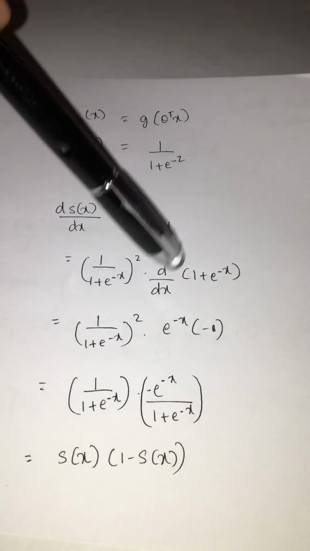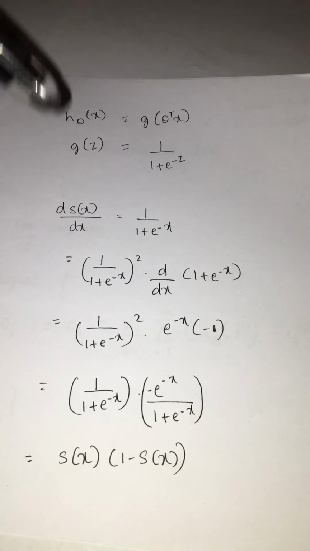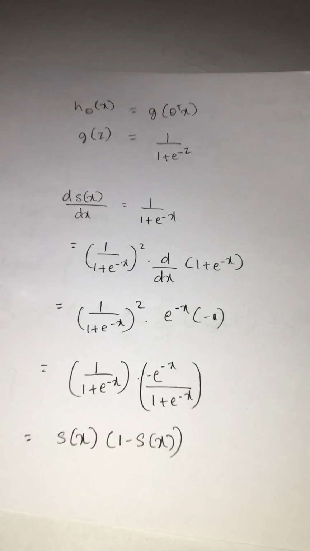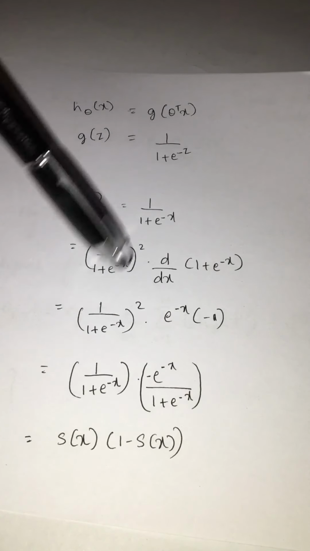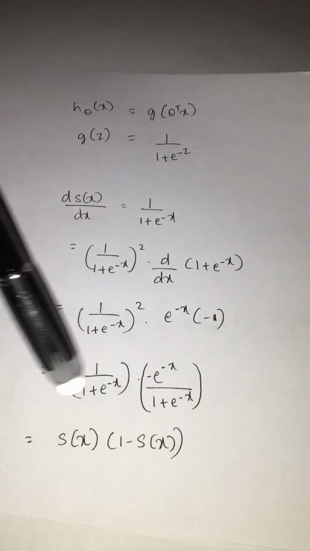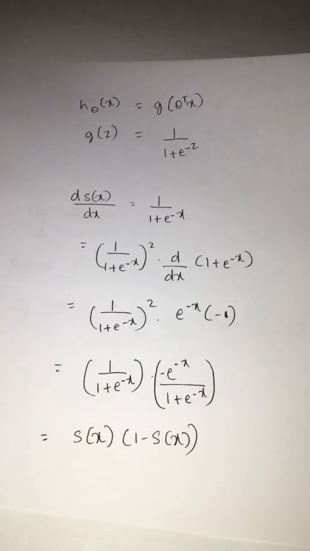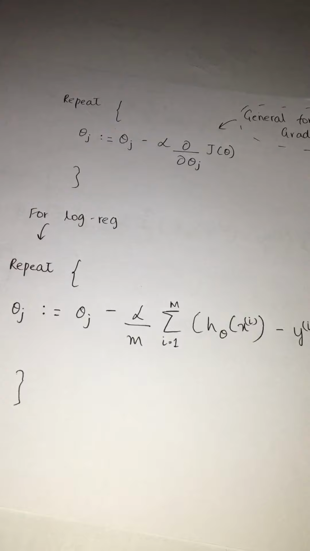You're left with d by dx of e power of minus x, because you're treating this as x power of minus 1. The derivative of 1 with respect to x is 0, the derivative of e power of minus x is e power of minus x times the derivative of minus x, which is minus 1. Finally you end up with s of x into 1 minus s of x. So this is the derivative of your sigmoid function.